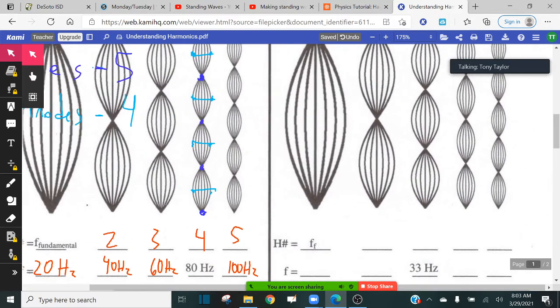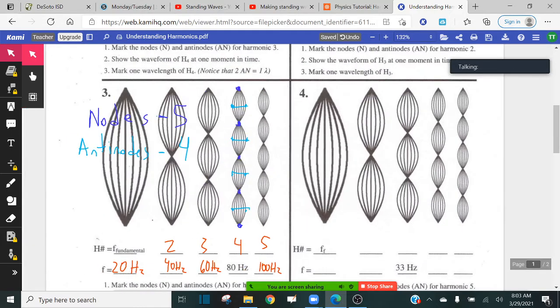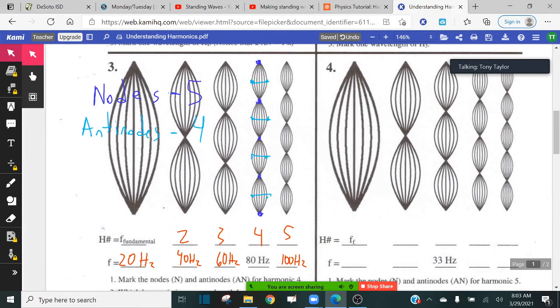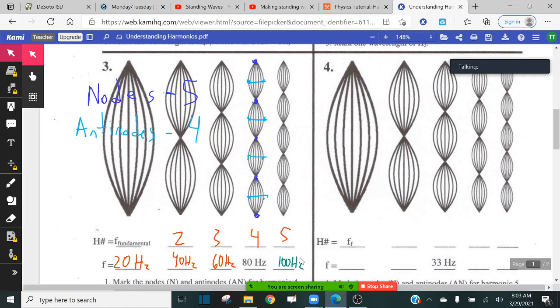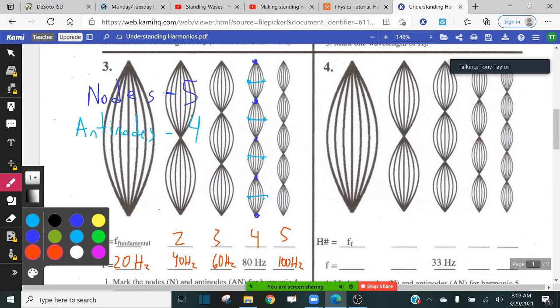Again, I just want to work out as many examples as I can. So look at number 4 here. First harmonic, second harmonic, third harmonic, fourth harmonic, fifth harmonic. Let's go ahead and fill this in. That's our fundamental harmonic.